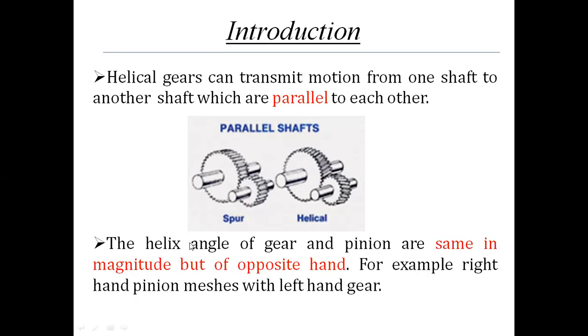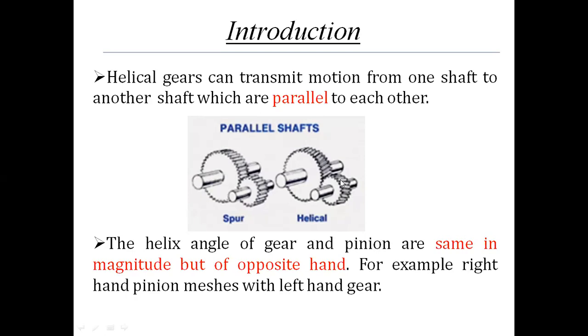But when the helix angle of gear and pinion are the same in magnitude, for example if alpha for pinion is 40 degrees, then for meshing the pinion with the gear, alpha for the gear should be the same value, that is 40 degrees. At that time, they will mesh with each other.